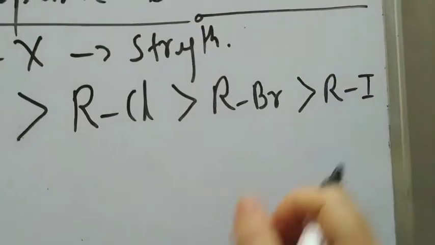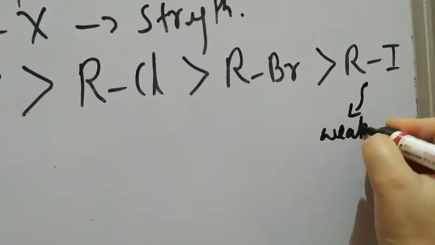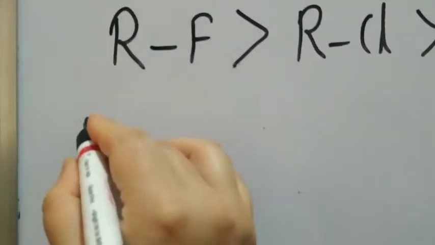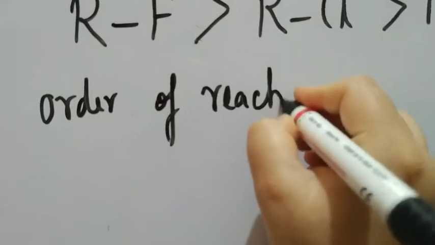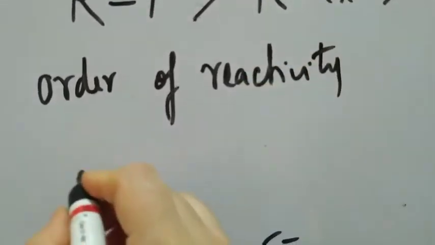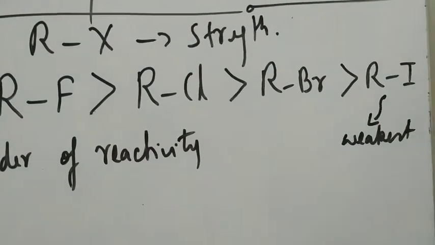This is the longest bond, thus the weakest bond. On the basis of this, the order of reactivity will be highest for the one which has the weakest bond.